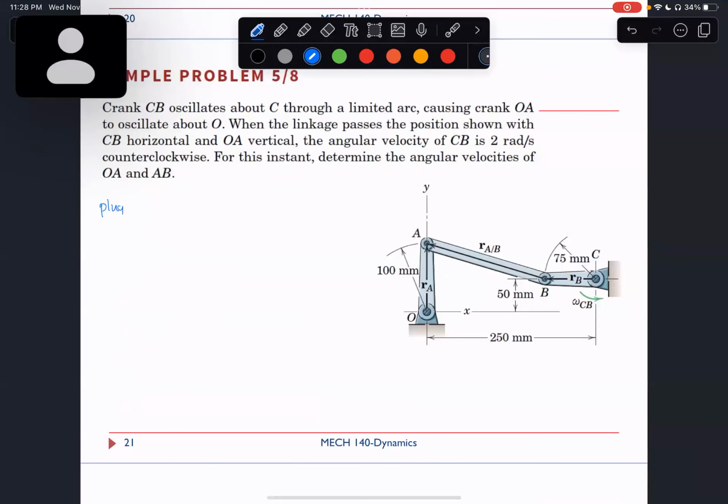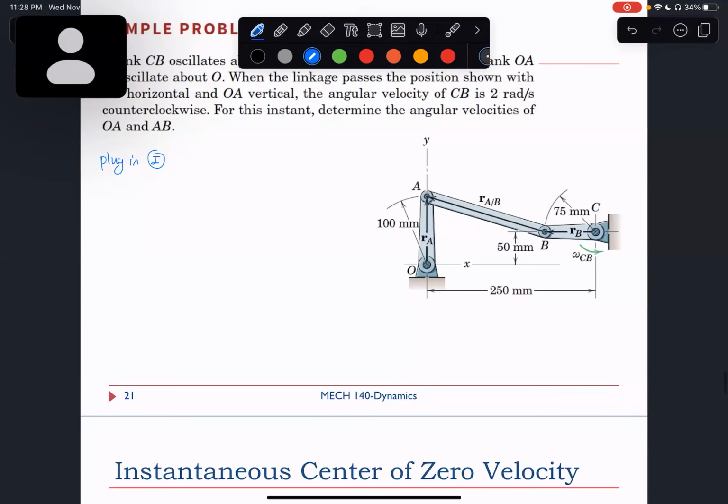So plugging into 1, that will give you omega OA K cross 0.1 J. I mean, you can keep it as 100 as long as you keep everything in millimeters.